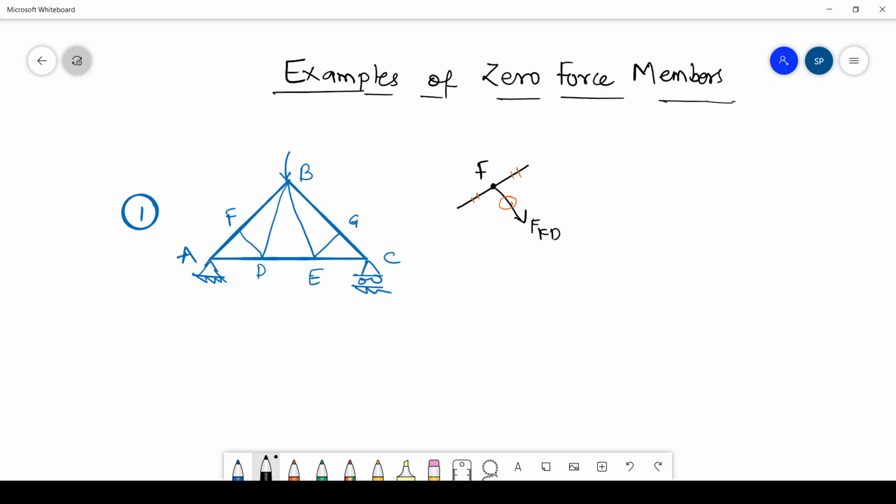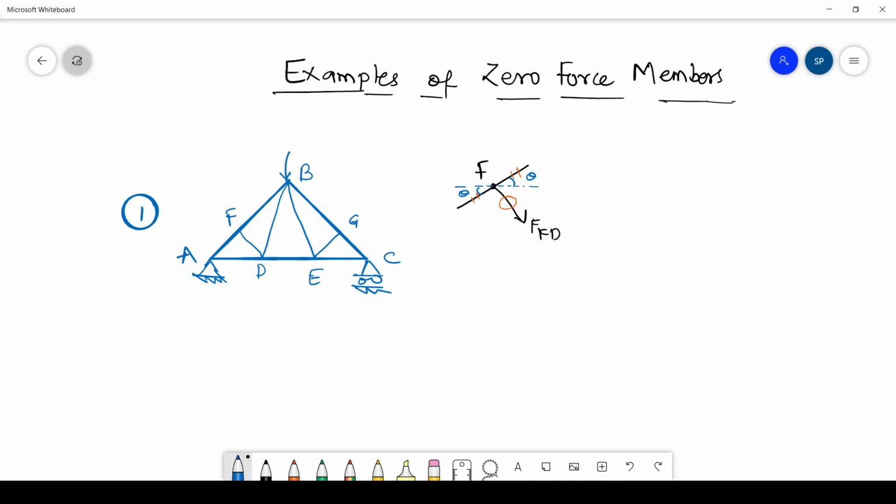Now you can just cross check whether it is going to be zero or not by usual equilibrium equations only. So this is say horizontal datum, so these two angles will be similar, theta theta.